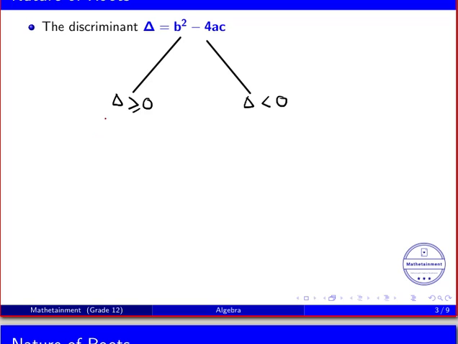If the discriminant is non-negative, then my roots are real. But if the discriminant is strictly negative, then you won't get real roots, you are going to get non-real roots. The roots are there, but they are non-real.